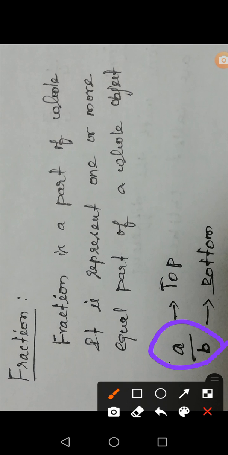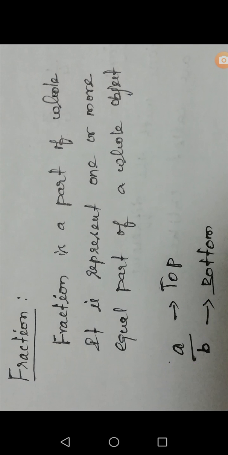The part above the line is the top, and the part below is the bottom. The top, a, is the numerator. The bottom is called the denominator. The line between them is the division bar, or fraction bar.